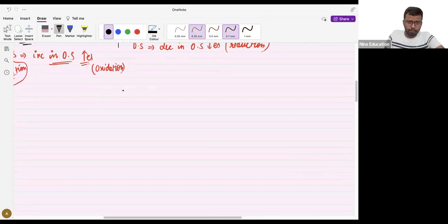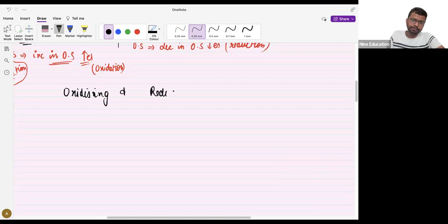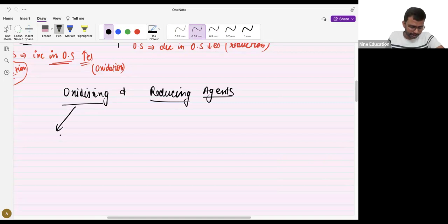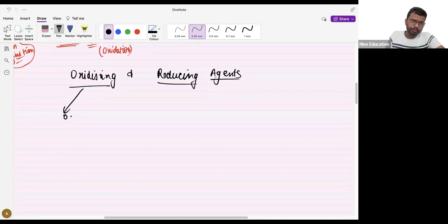What is an oxidizing agent and a reducing agent? These are called agents. Oxidizing agents are also known as oxidant. You will write OA.